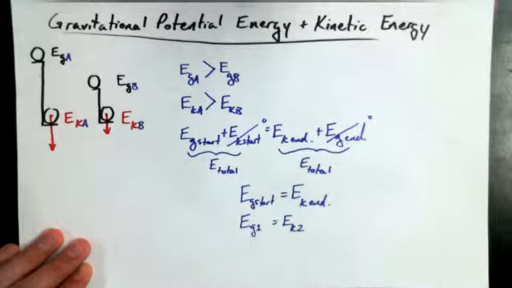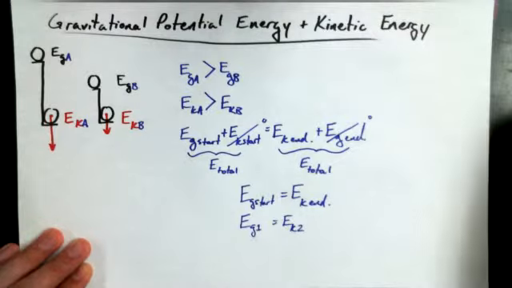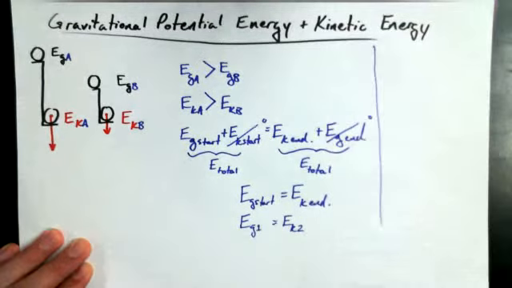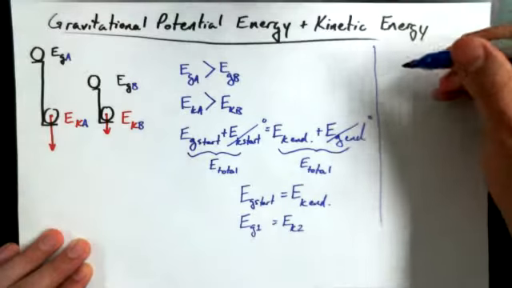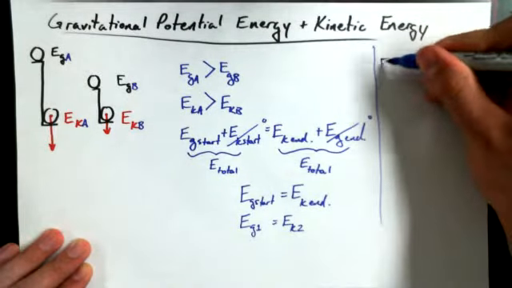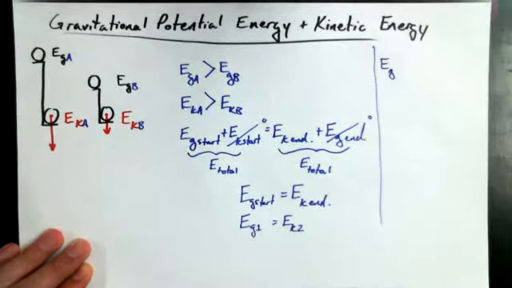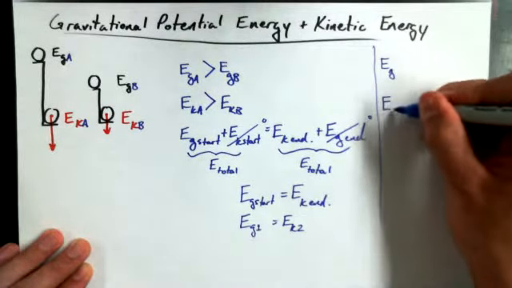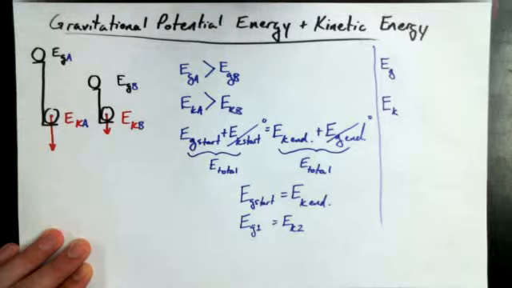Speaking about having some sort of universal standard for communicating these ideas, a lot of people will use Eg, and we're going to use Eg for gravitational potential energy. A lot of people use Ek, and we're going to use Ek for kinetic energy. But not everybody does. Some of you have brothers or sisters or parents who are engineers, or maybe you'll be looking at things online to teach yourself a little mini lesson.